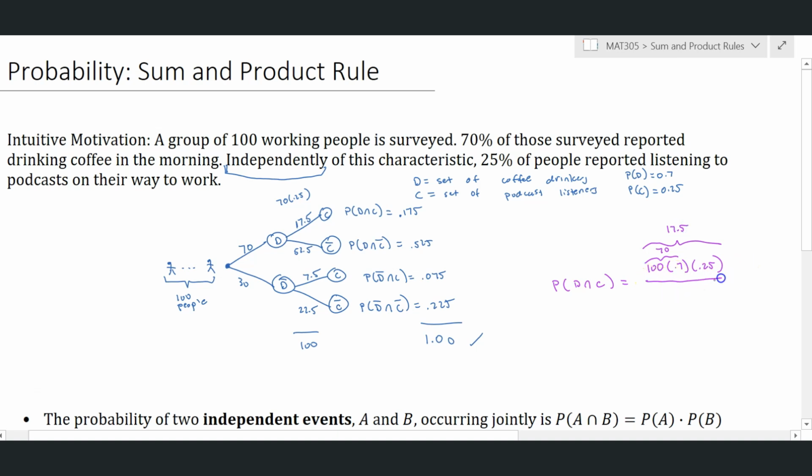Well, then we had to divide by 100. And so we actually have a redundancy here because we multiplied by 100, but then divided by 100. And so notice that our 0.7 times 0.25 is really how we got the 0.175. And what is that in relation to the original probabilities? Well, it's the probability that you drink coffee times the probability that you listen to a podcast.